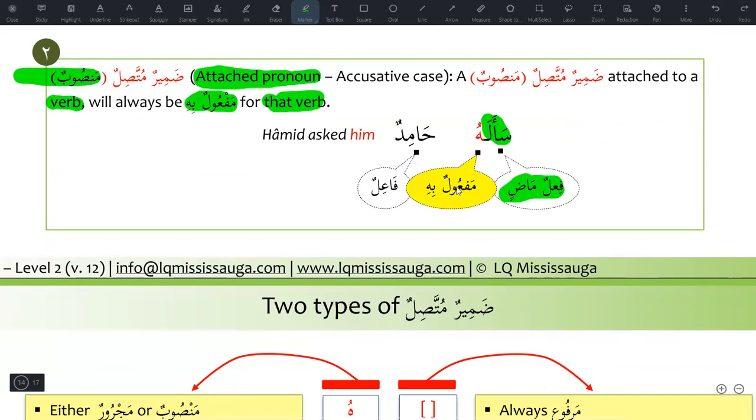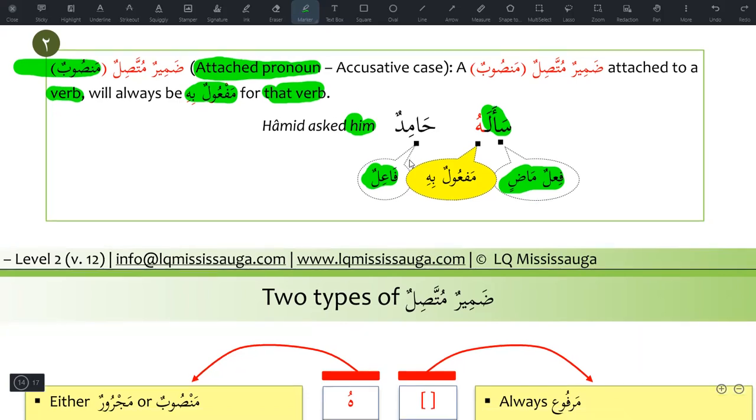Who is the maf'ul bihi? Asked him. So "him" is the maf'ul bihi. Who is the target of the action? And Hamidun is the fa'il here. Hamid asked him. This is the second way that maf'ul bihi can come in a sentence.